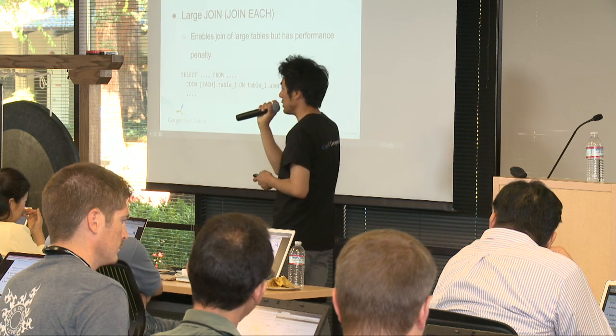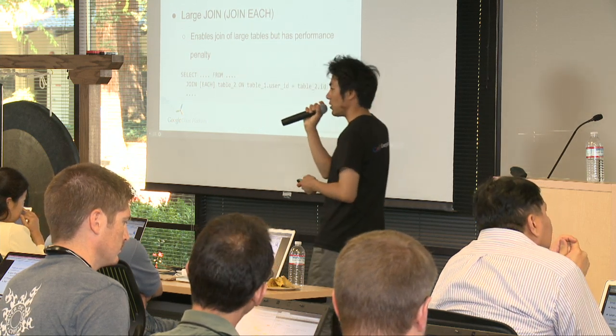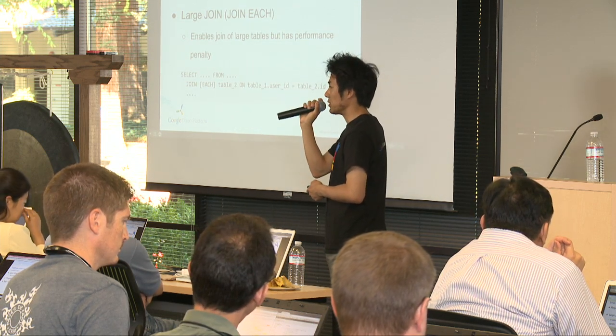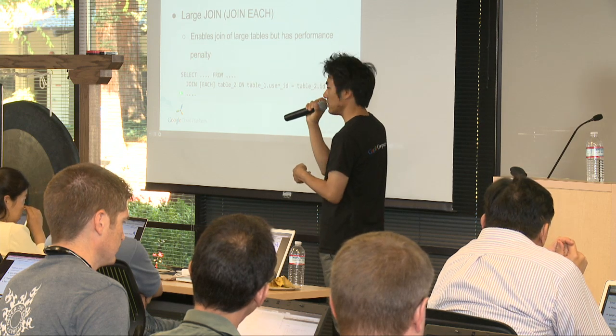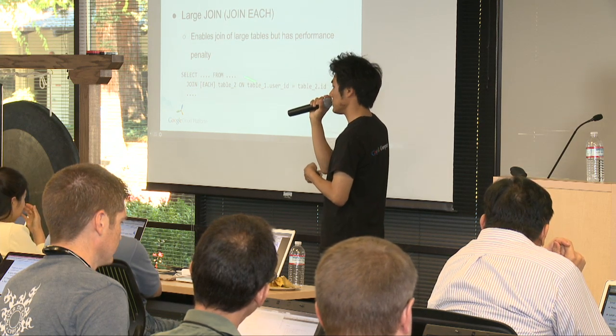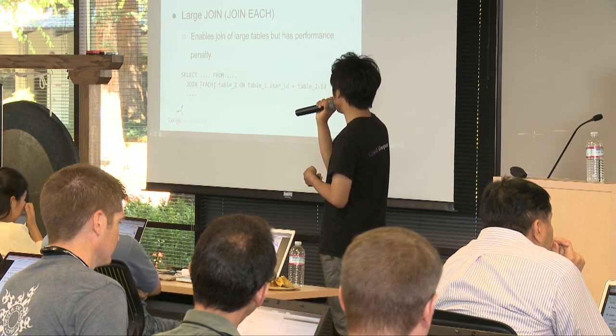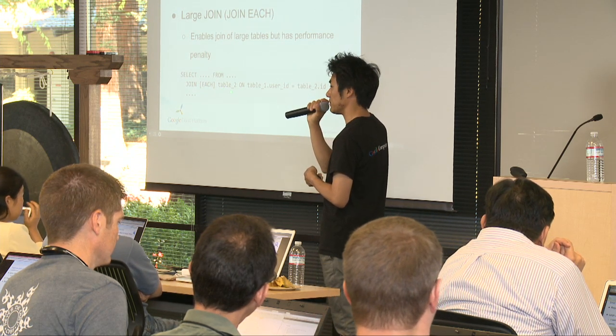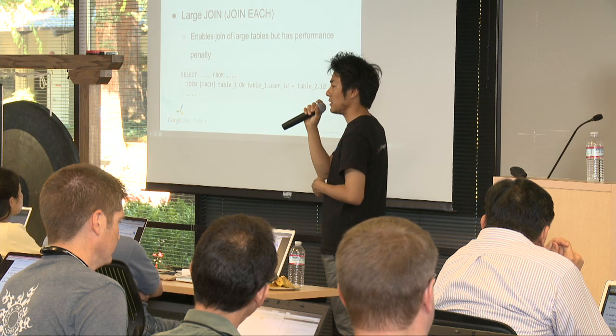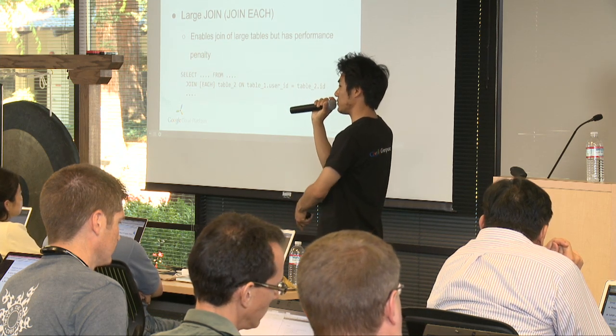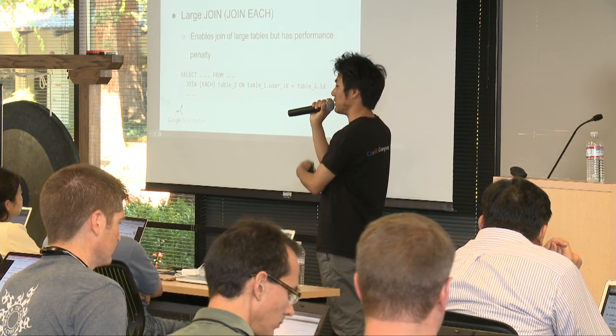So the question is whether the limitation is per select or per join, and the answer is per join. So if you have this whole statement in a subselect, you have an 8 megabytes limitation for this join. If you have another join in the outer select, you have another 8 megabytes.